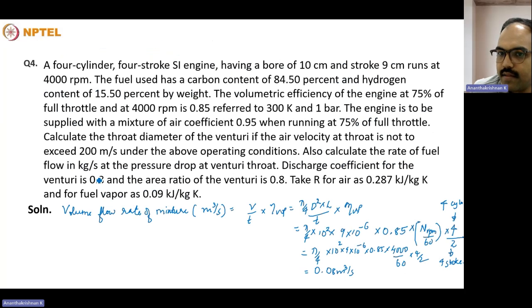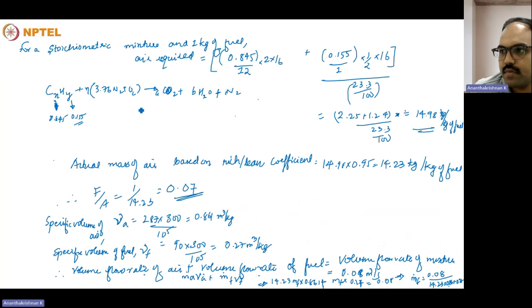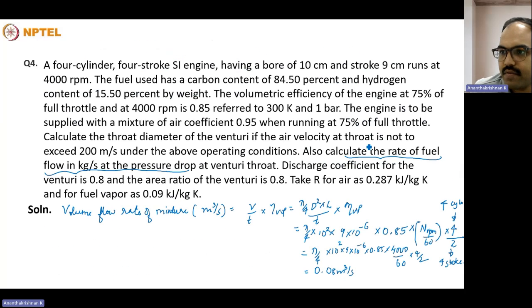So basically, that is the rate of fuel flow at the pressure drop in the Venturi flow. So we had calculated the mass flow rate of fuel from the air fuel mixture. Now the next part is to find the throat diameter of the Venturi if the airflow velocity at the throat is not to exceed 200 meters per second under the above operating conditions. So now we have to calculate the throat diameter.